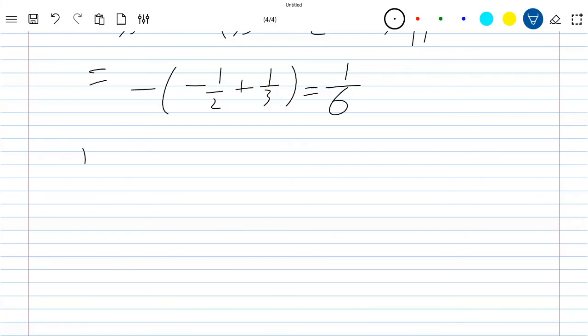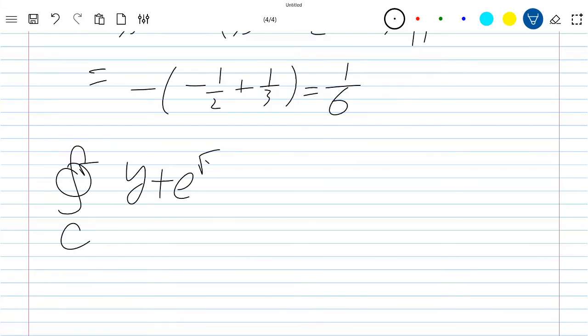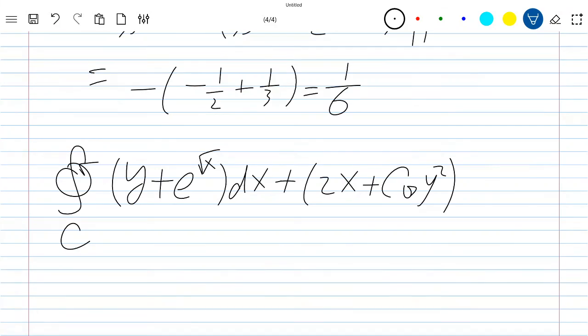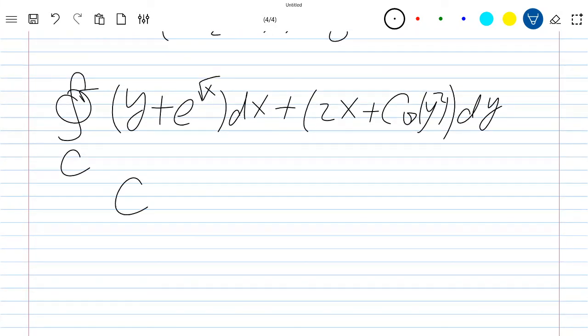Let's say you have a line integral, and this time it's y plus e to the square root of x dx plus 2x plus cosine y squared dy, like that, and then you have this C between these two curves.